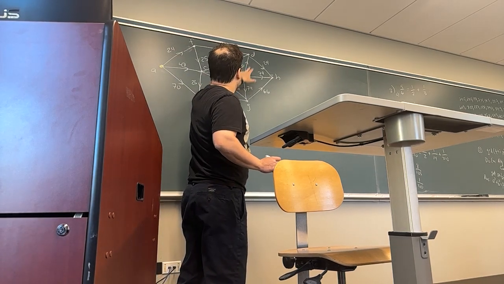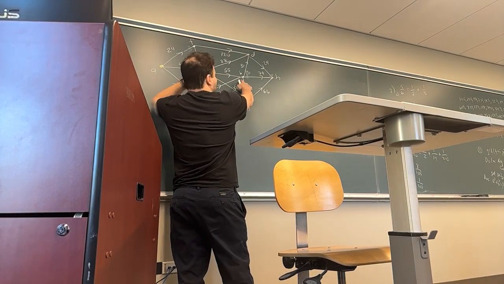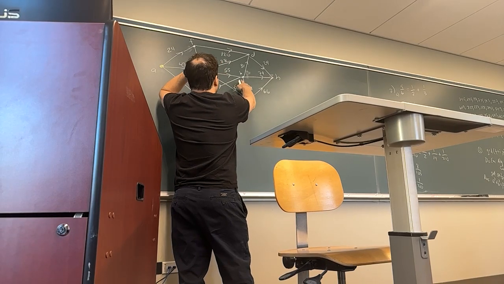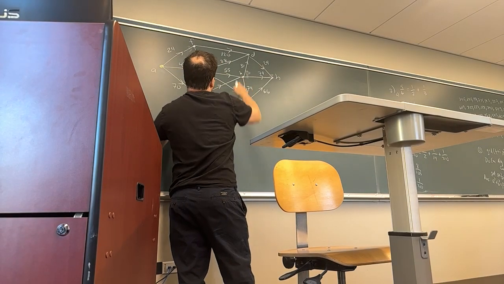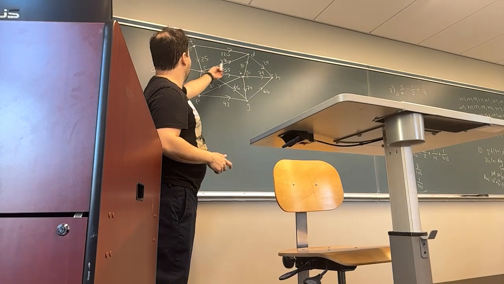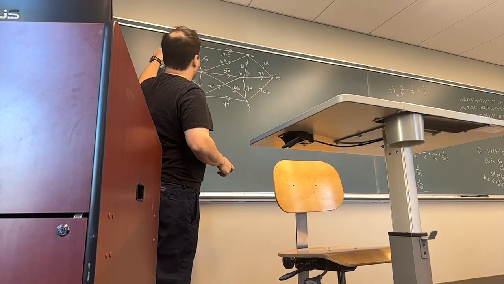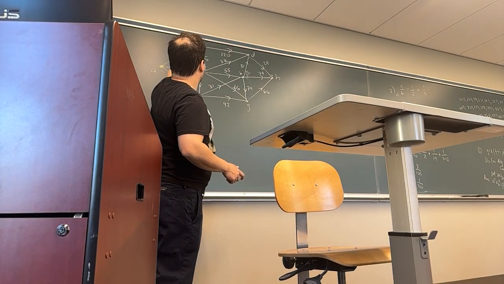And the distance to D, the best one you had before was, actually I don't know which one, maybe it was 47 plus 88. Or maybe it was 24 plus 120.